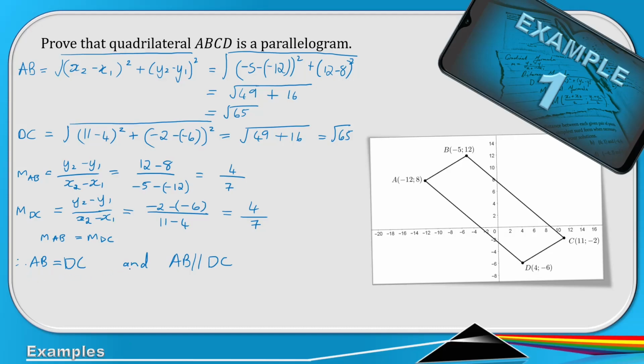So just write it down in words as the summary. So you can say that one pair of opposite sides are equal and parallel. So therefore, we know that ABCD is a parallelogram. And then we're done.